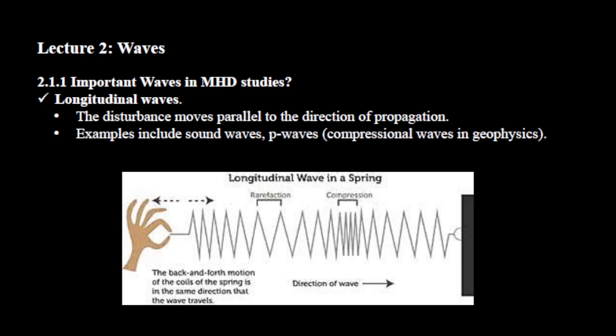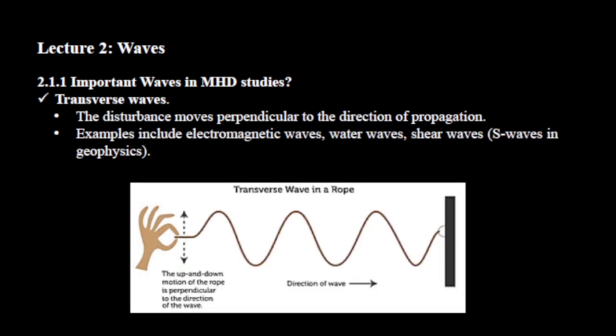Okay? Now, in our MHD waves, there are 3 important waves we may consider. I know you know what longitudinal waves are. You also know what a transverse wave is. And you also know your standing waves or stationary waves. The definitions are there, and I believe you'll be able to get them.